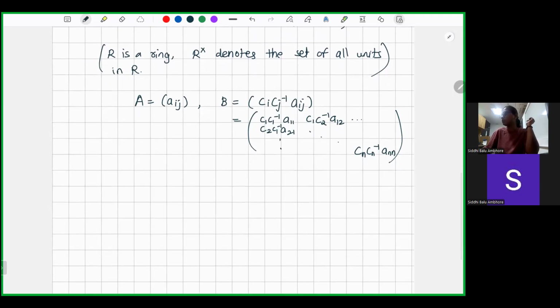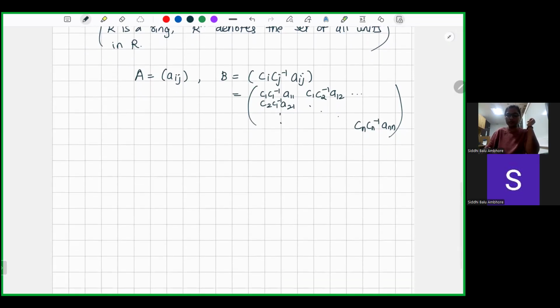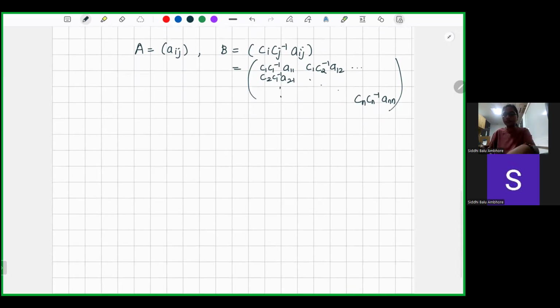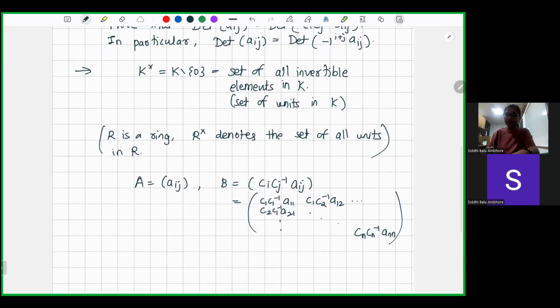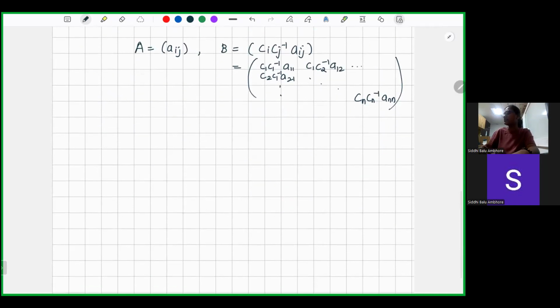So how do we do this? There are various ways you can calculate this, but the easiest way is by understanding this. We have C1 to Cn in K star given.